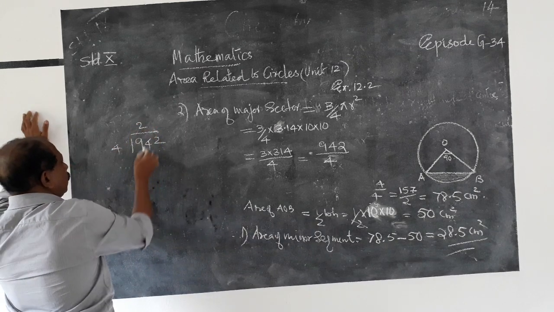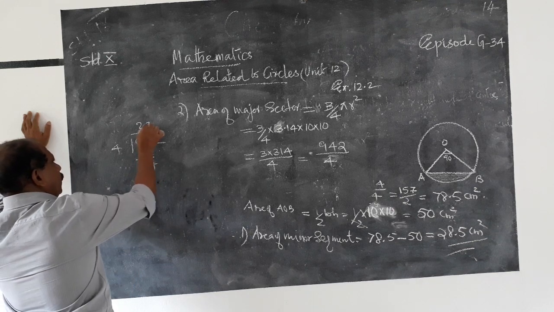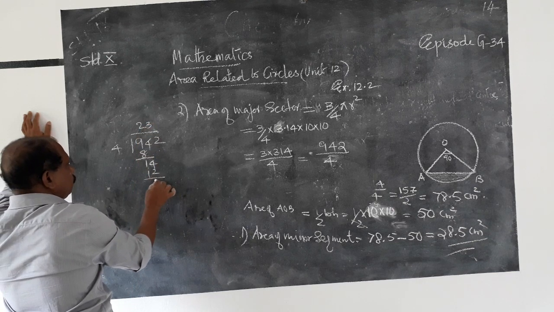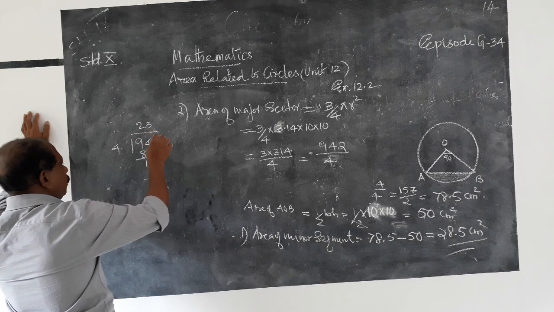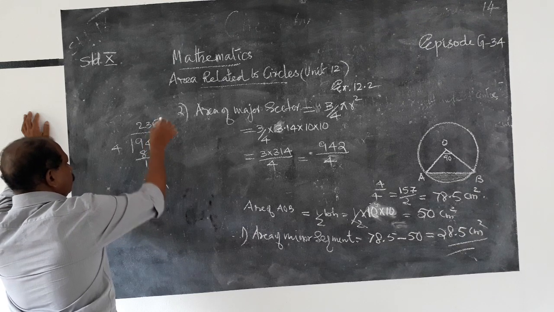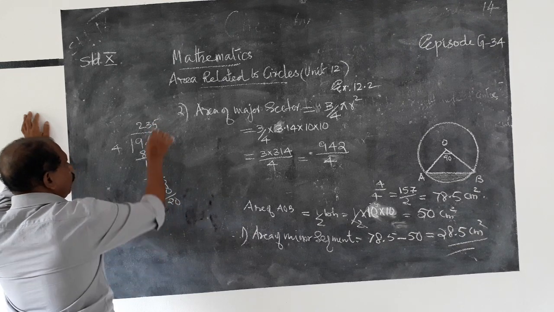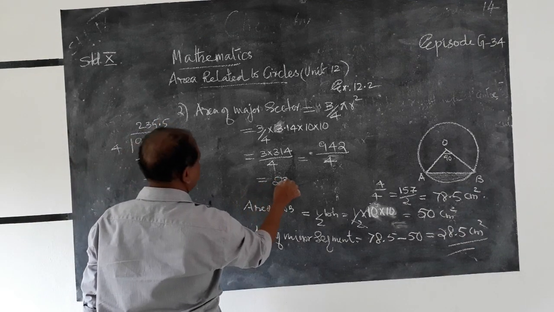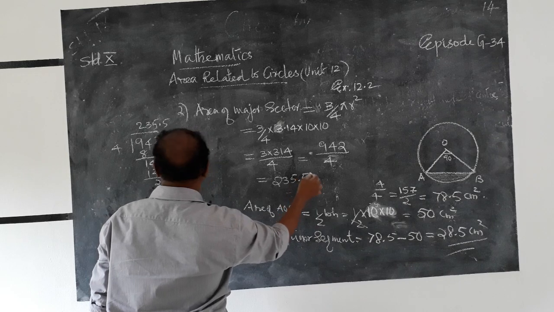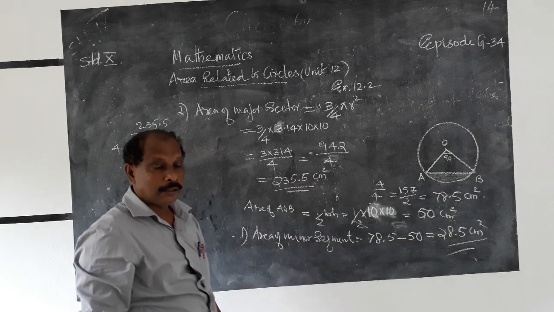Then 2 times 8, 40. 3 times 12, 32. 5. That's equal to 235.5 centimeters square. That is the area of the major sector.